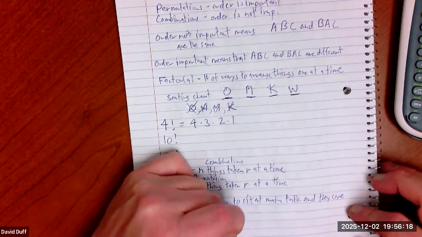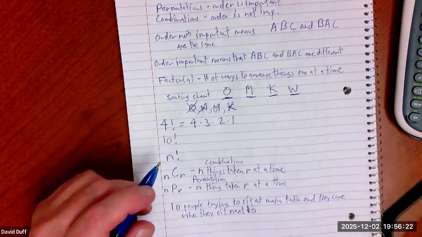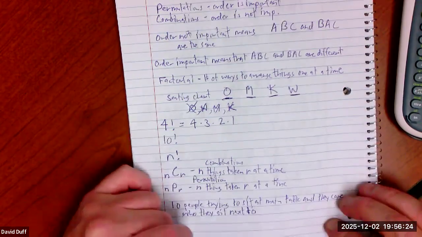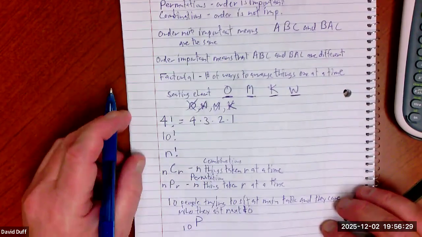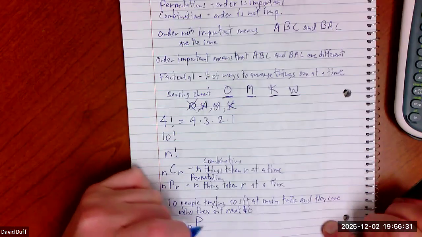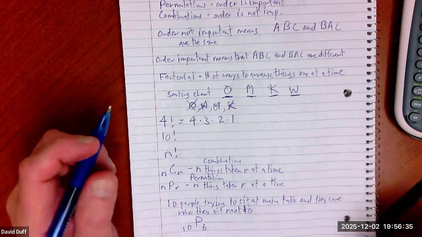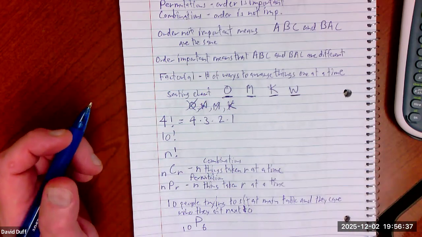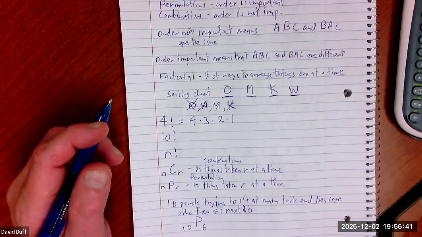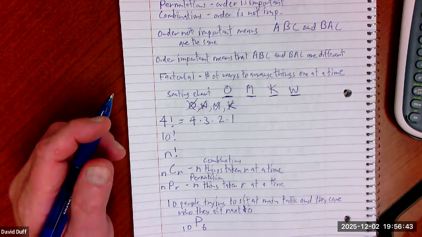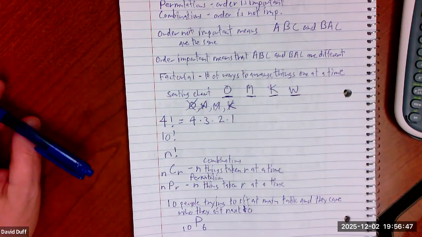In other words, order is important. Believe it or not, all we have to do to solve this problem is 10 permutations 6. What are the number of ways that 6 people out of 10 can arrange themselves at a table?